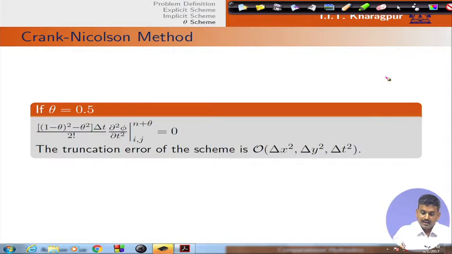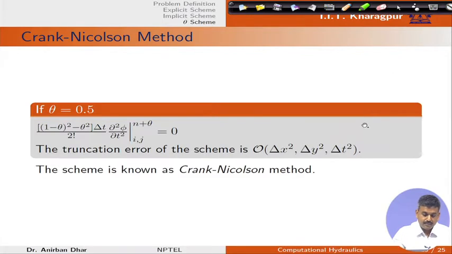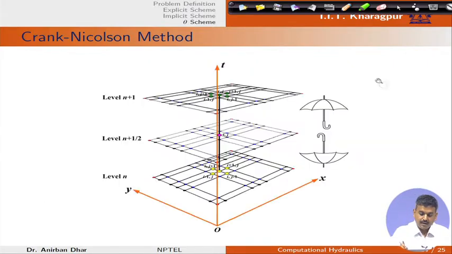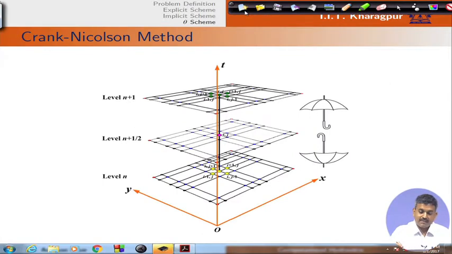Essentially in this case we are getting second order accuracy in time. The scheme is known as Crank-Nicolson scheme. If we see the space time discretization for Crank-Nicolson, it is the combination of explicit scheme and implicit scheme.